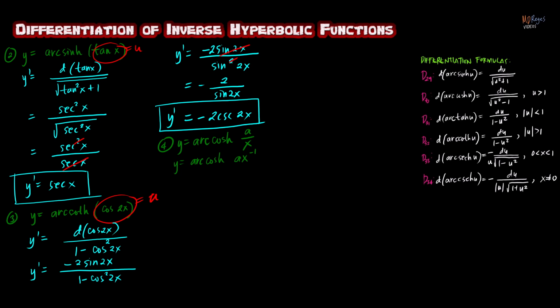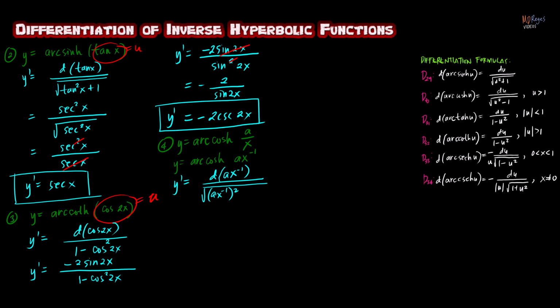So when we differentiate a x raised to negative 1, we'll just use the power rule for the derivative of x raised to negative 1. So y prime according to d30 is du, the derivative of a x raised to negative 1 with respect to x, over the square root of u squared minus 1, where u is a x raised to negative 1.